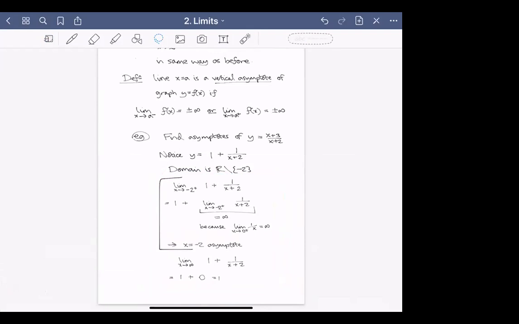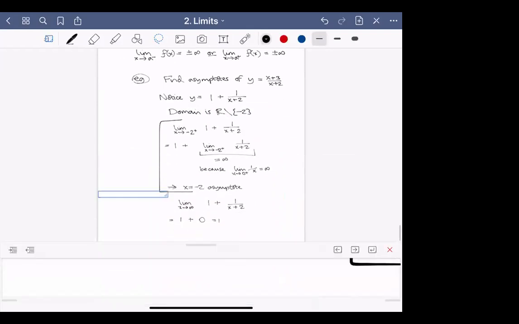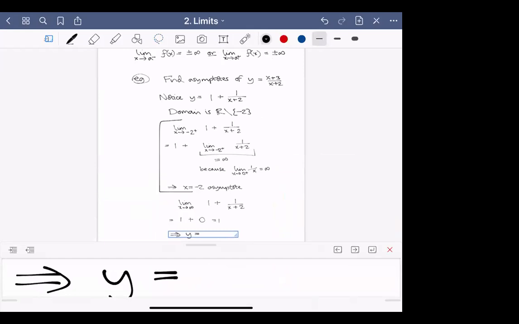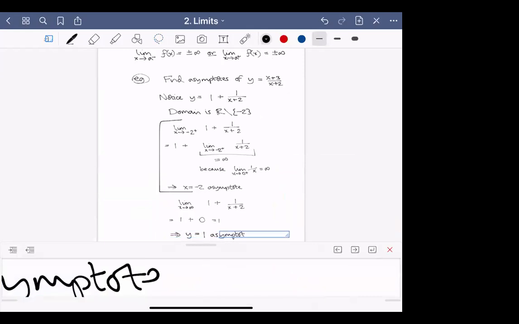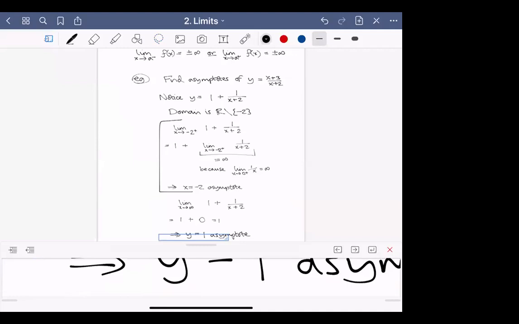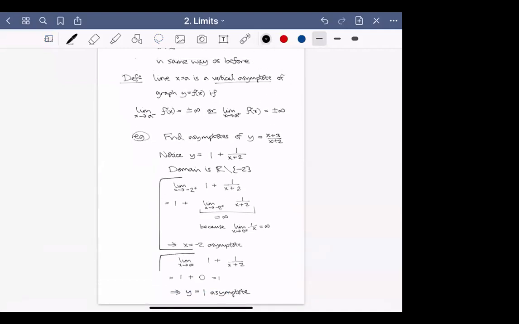So by what we said before, y equals 1 is an asymptote. And that matches up with the graph.